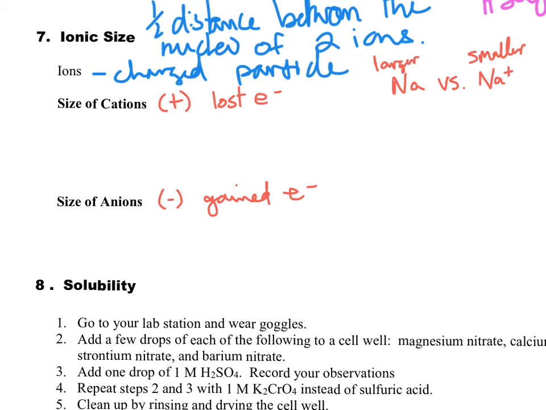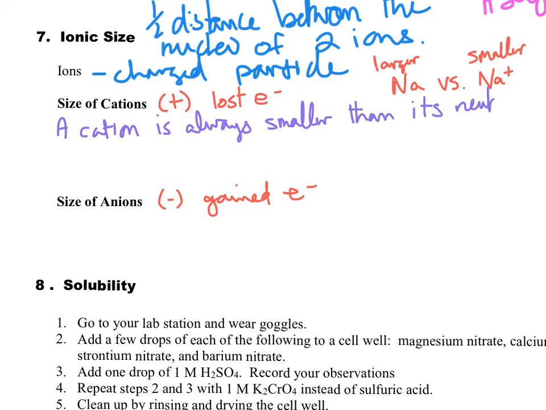Let's go ahead and write that down. So a cation is always smaller than its neutral parent atom.